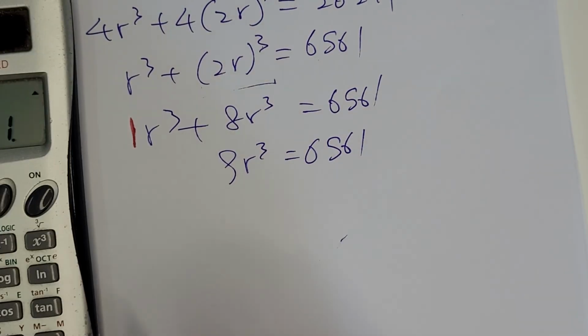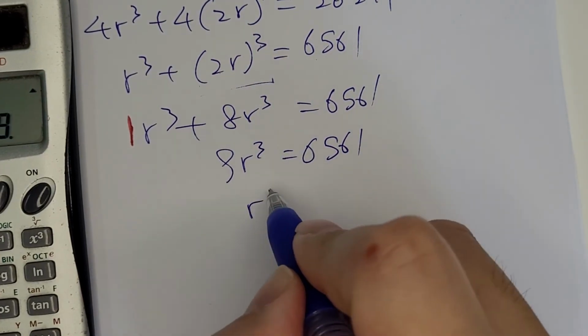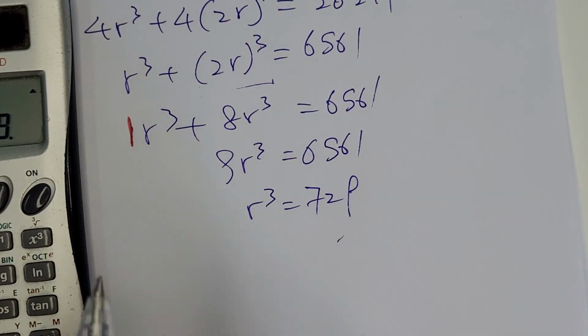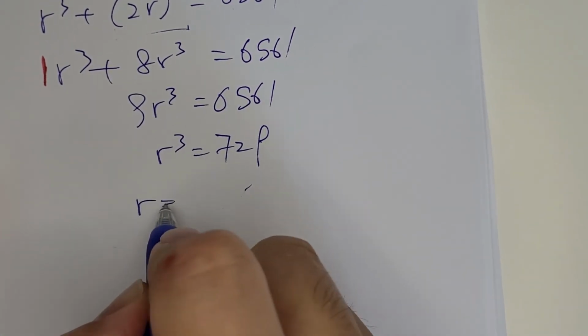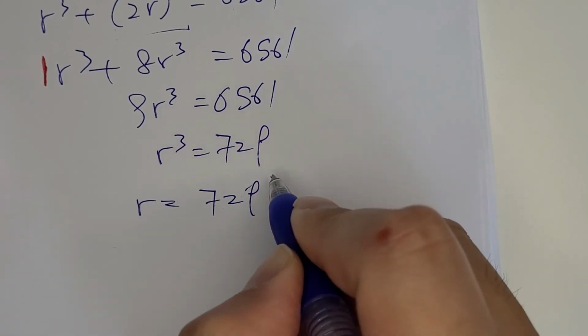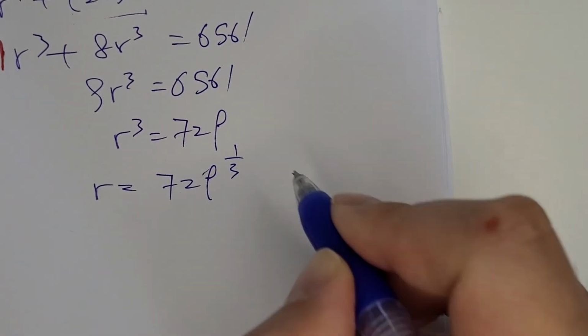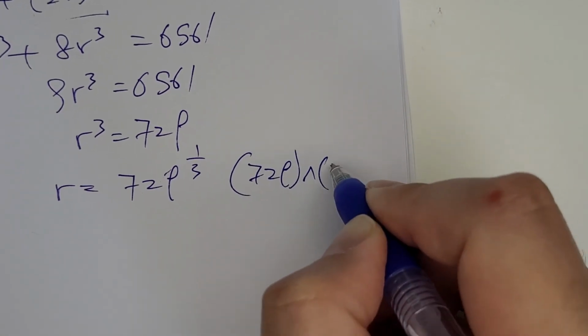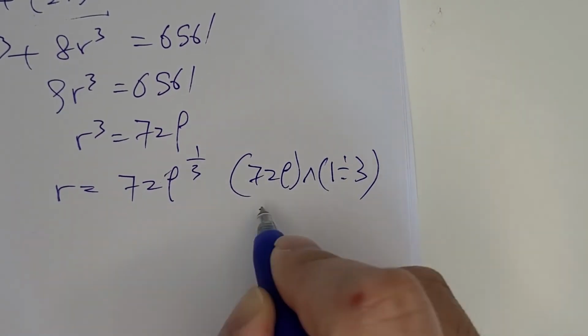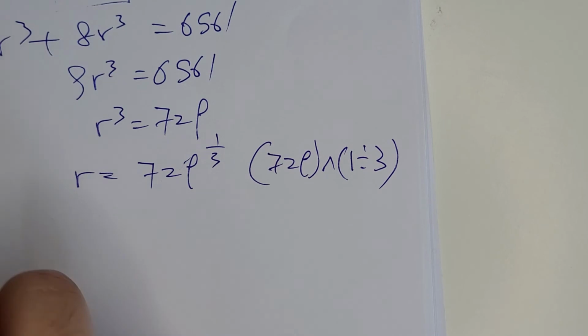So both sides divided by 9, you get 729. And you need to solve this. r equals 729 to the power 1 over 3. You press in this way: 729, 1 divided by 3, and then press enter. Then you can find the answer 9.